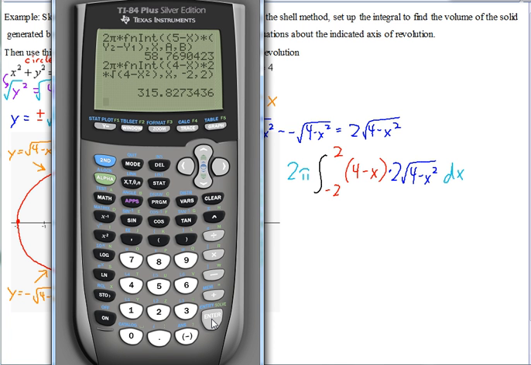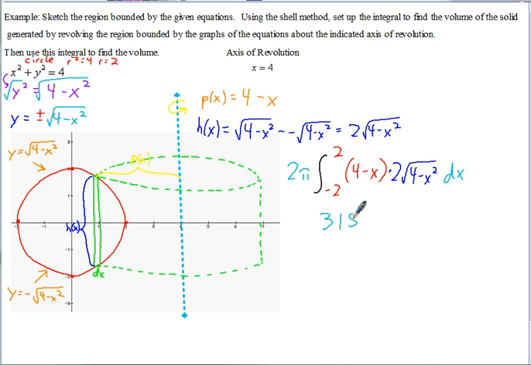We get 315.827. Again, it would be units cubed.